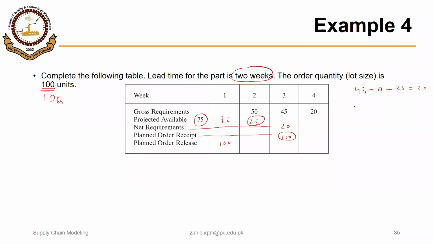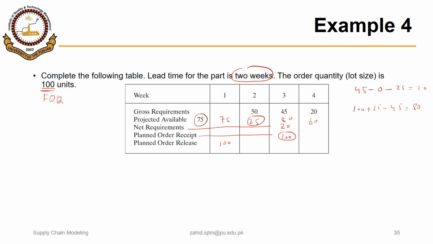So 100 plus 25 minus 45 will be 80. So we will have an ending inventory of 80. So we have 80 inventory, the gross requirement of 20. So after meeting these requirements, we have projected available of 60 at the end of period 4.